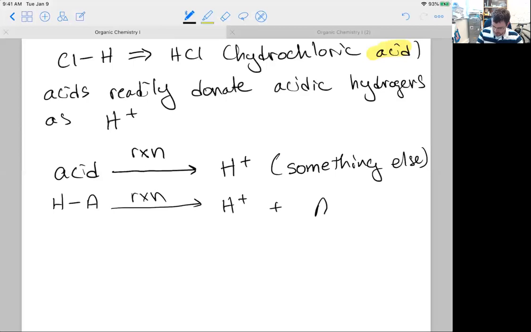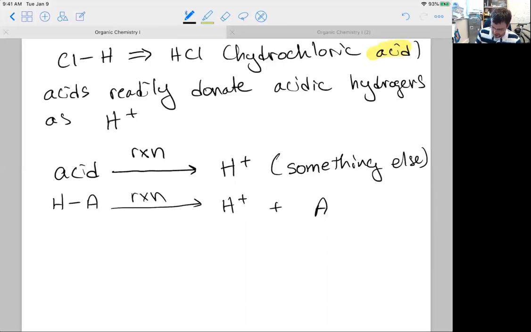this is where that A comes in. That's why we use the variable A as opposed to X here, because we often use A to describe acids. Now, in this case, we're forming H+ because we defined HA to be an acid. Now, what is left behind?